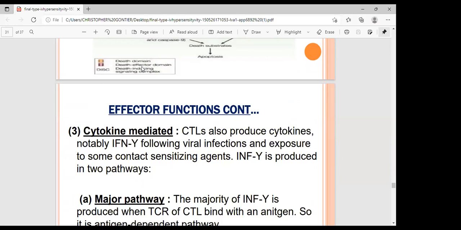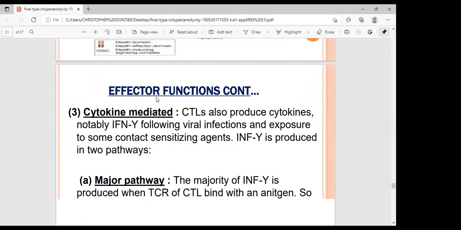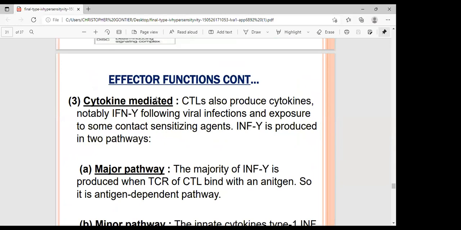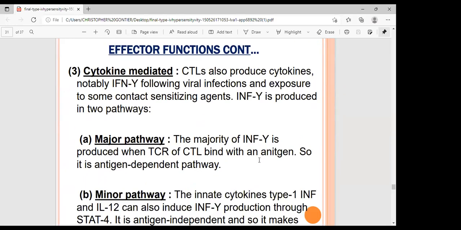Good. Finally, we come to cytokines. This is very elaborate. This is not the scope of your training. This is for an immunologist or a basic scientist. Cytokine mediated, again, what do we have? Gamma interferon following viral infections and exposure to some contact. So how is it produced?